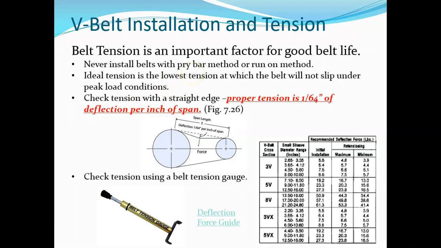If it's 36, like in our example in the previous slide, if you have a 36-inch center to center distance, the easiest way for me to do it is just put 36 over 64, and that's going to be the proper belt deflection.